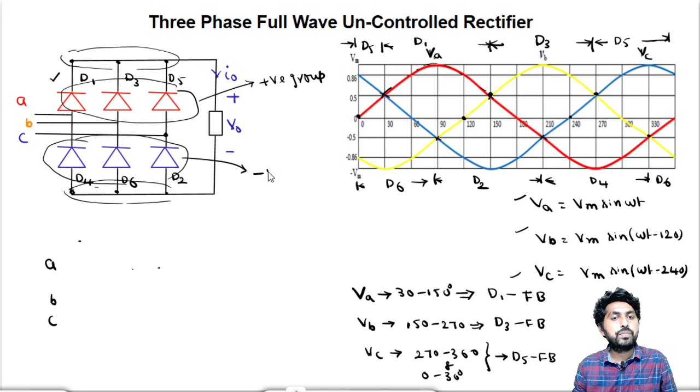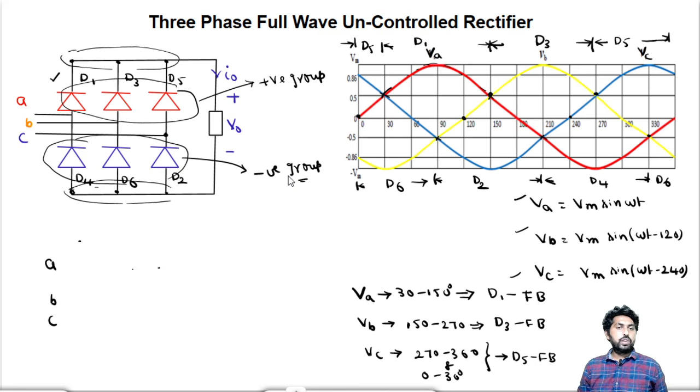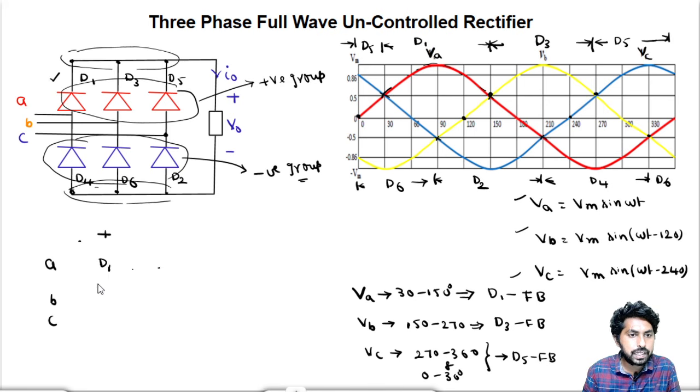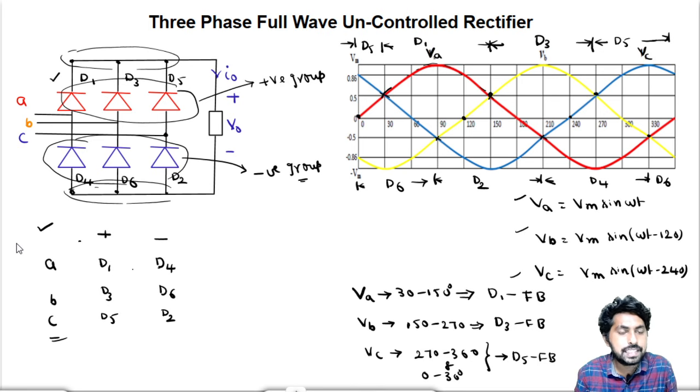So it will be the negative group of thyristors. The positive group of thyristors are D1, D3 and D5, and the negative group of thyristors are D4, D6 and D2. Let me write the simplest form of the circuit.